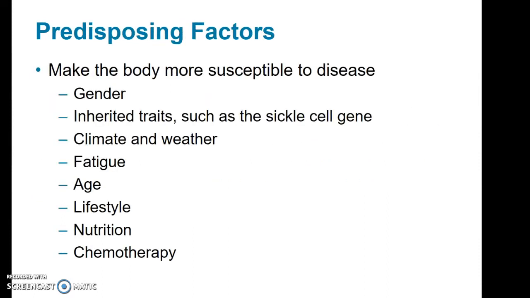Things that make the body more susceptible to disease are called predisposing factors, and there are a lot of things that can cause someone to be more susceptible to disease, like gender, which we talked about a lot in your student PowerPoint presentations, inherited traits like the sickle cell gene, and other things that are passed on from one generation to the next. Also, the climate and the weather, fatigue, age, lifestyle, nutrition, and chemotherapy, as well as other environmental factors.